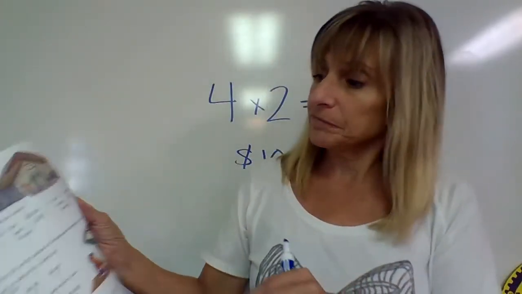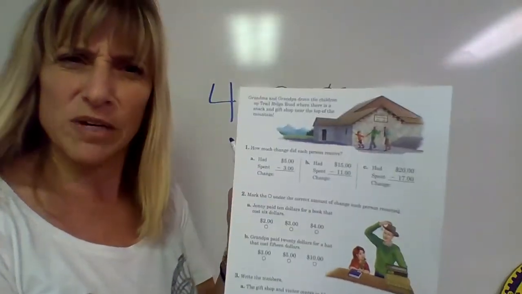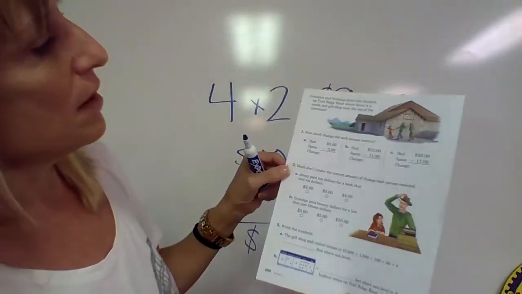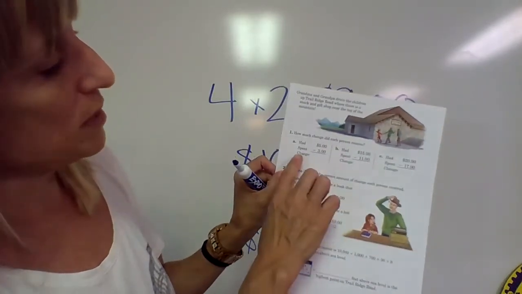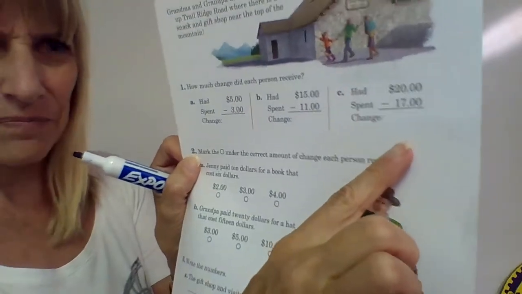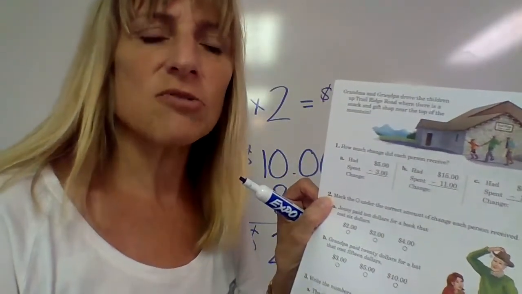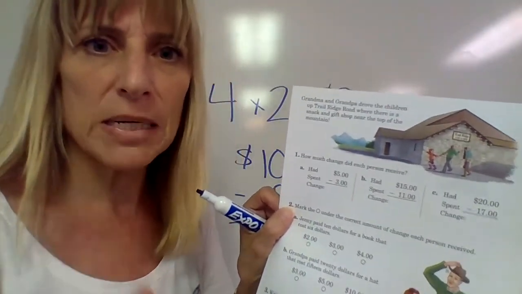And on the top of your math page, 290, I think I said 280 earlier, but it's 290, you will be subtracting money at the top. Okay? You have to make sure you put your dollar signs and your decimal point because we're doing money.